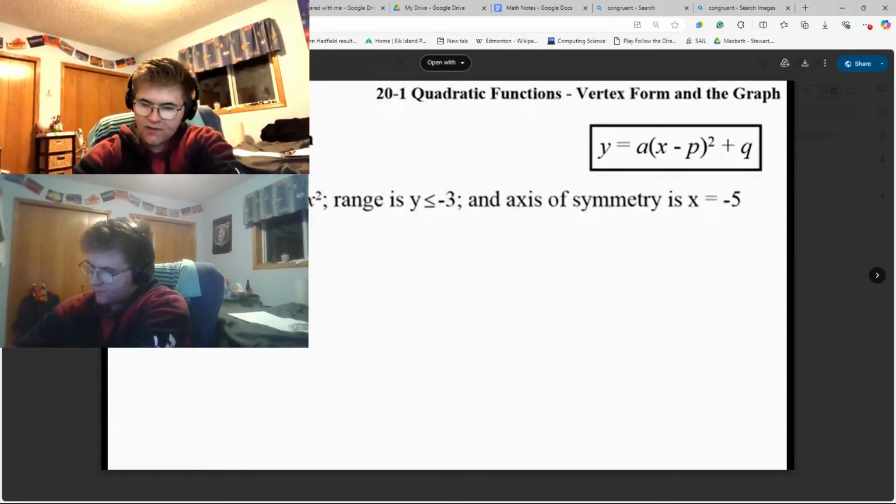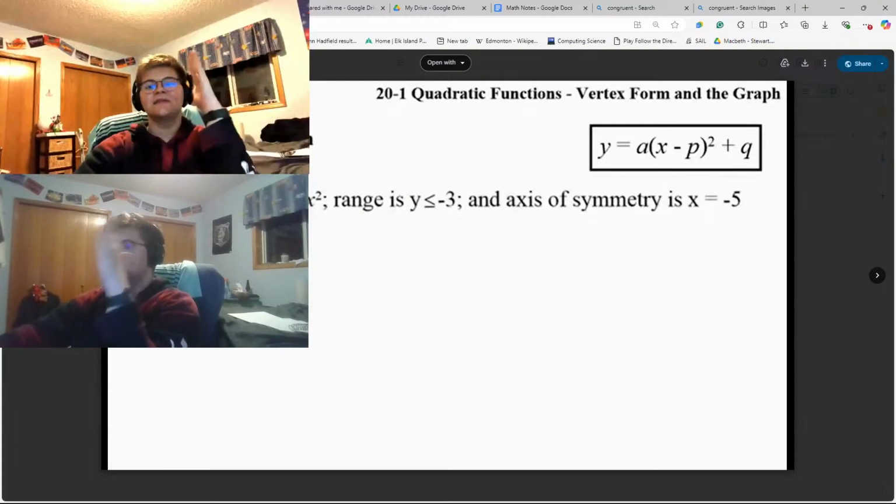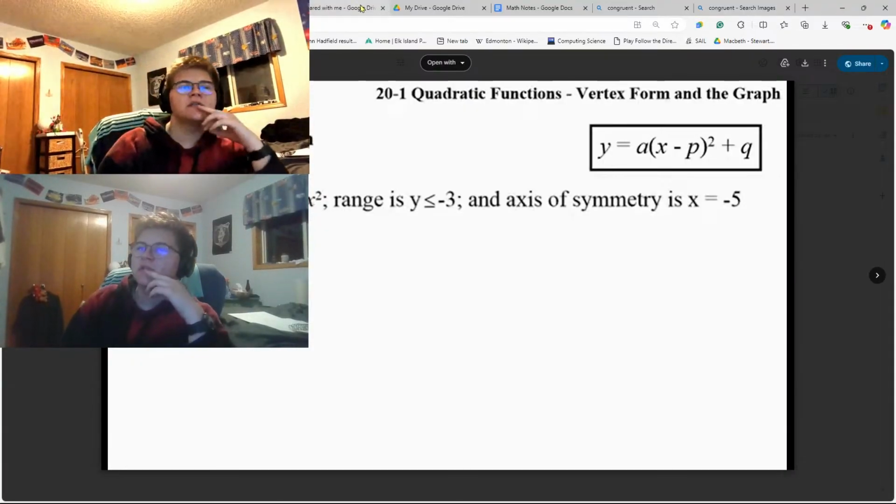So it's not negative. X minus P. See, so axis of symmetry is X. What's the other one? It's axis of symmetry.